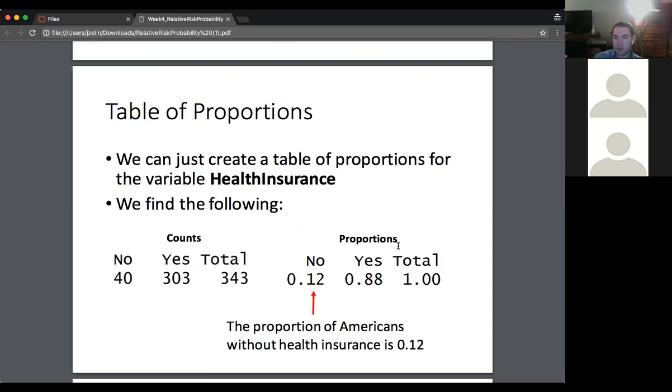So this is a way of representing probabilities as proportions because we can say that 88% of the people in the study have health insurance and 12% do not. So you can say if you're randomly choosing someone from this study, there's an 88% chance that they have health insurance.